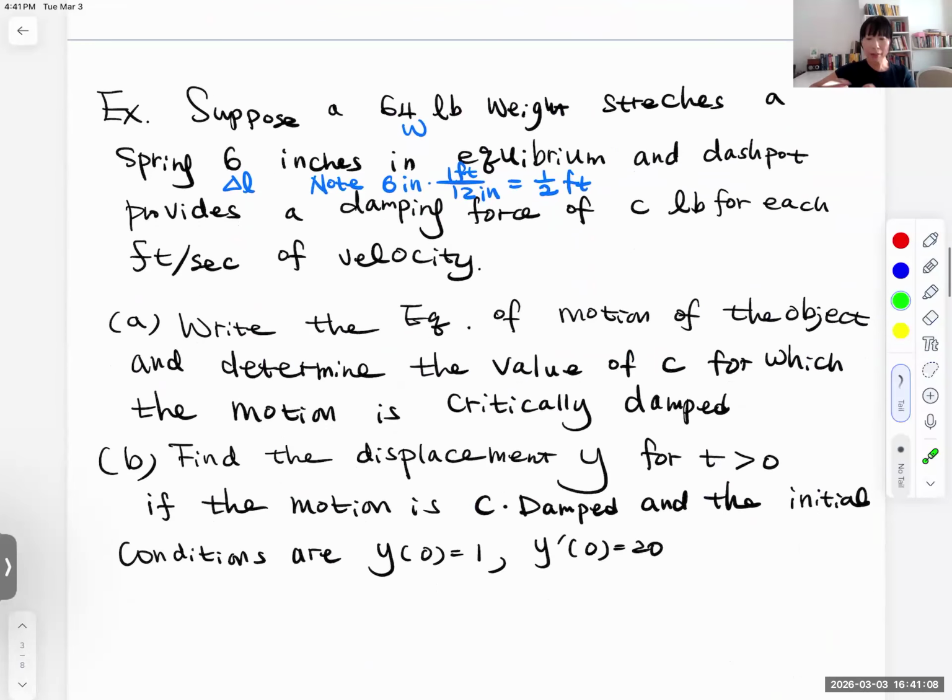Okay, we have this question. Suppose a 64 pound weight. So this is a weight, W. 64 equals weight W. It stretches a spring 6 inches in equilibrium, right?